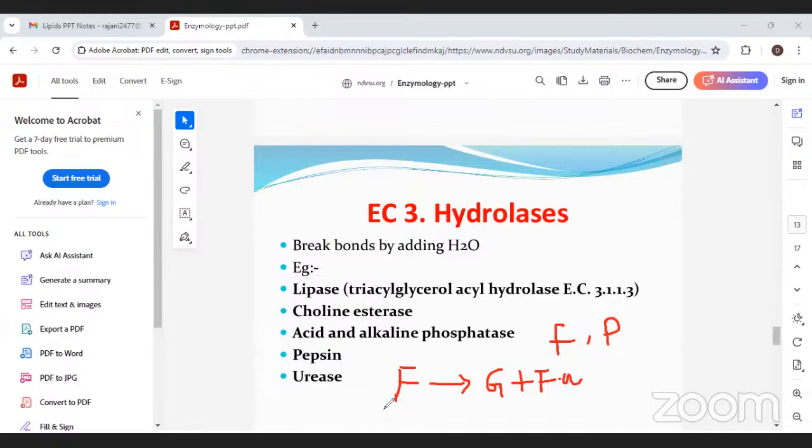Next, phosphoric acid ester: the phosphatase enzyme converts it into phosphoric acid plus other compounds.